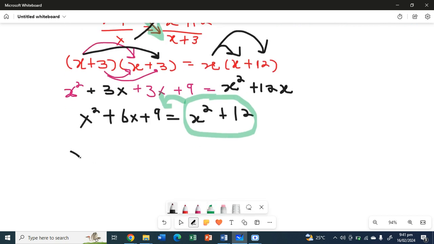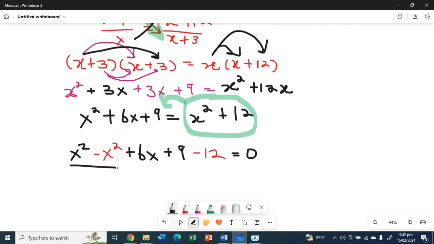So we're going to have x squared. When this positive x squared comes, this side becomes negative x squared. So x squared minus x squared plus 6x plus 9. This 12x, when it comes over the side, minus 12x equals 0.